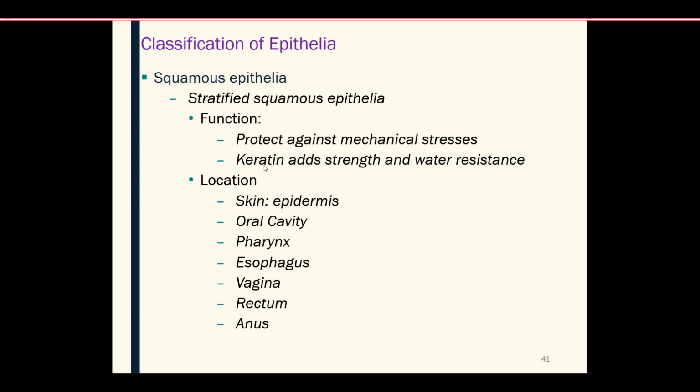The most superficial part of the skin is known as the epidermis. That would be the layer that actually has keratin. The remaining areas there do not have keratin. The mouth, right? The oral cavity, the pharynx, which is your throat, esophagus, vagina, vaginal canal, rectum, anus, all of these areas are going to have stratified squamous.